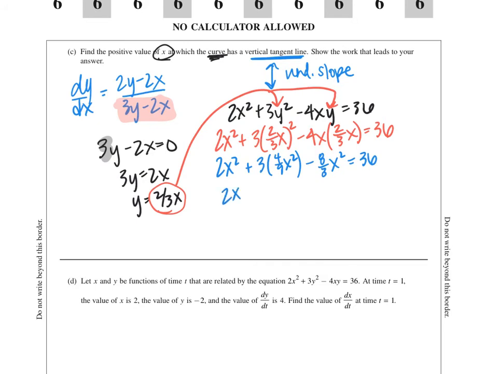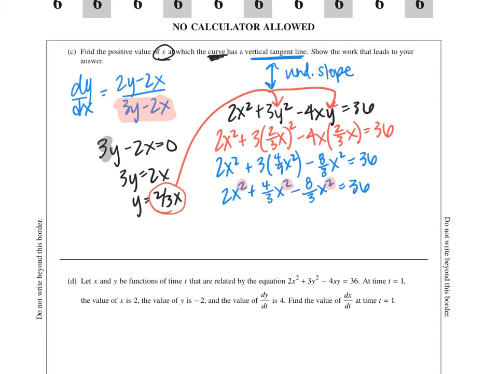That's 2x squared plus 4/3 x squared minus 8/3 x squared.